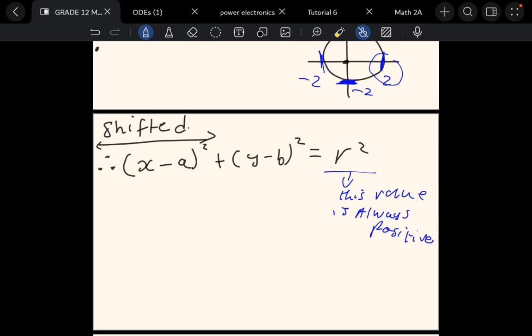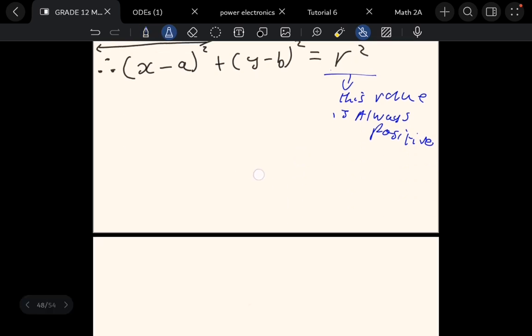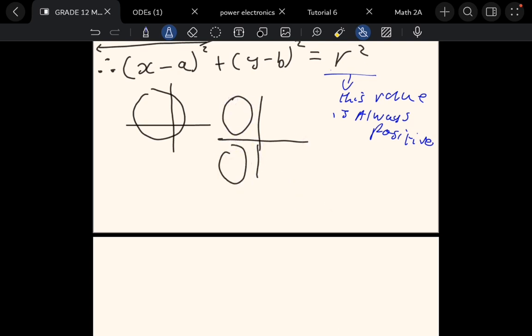You understand? So this cycle here is going to be shifted anywhere but not in the origin. You see, such cycles, all of these cycles are not centered at the origin.